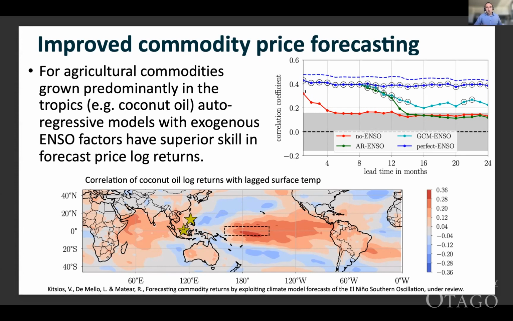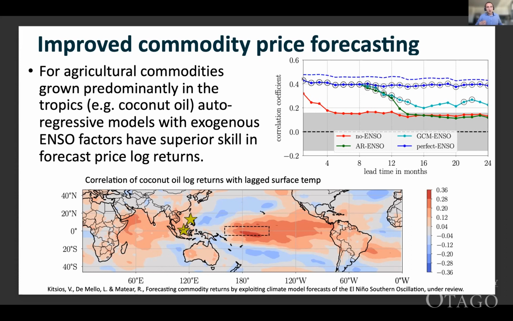The red line is where we build an autoregressive model of the coconut oil log returns with no exogenous factors at all, and arguably we've got some skill out to 3 months. This gray region is a region of correlation that's statistically indistinguishable from zero, so anything outside of this gray region is arguably skillful in some regard. At the other extreme, if we had a time machine and knew exactly what this ENSO index was in the future, that would give us this blue line.